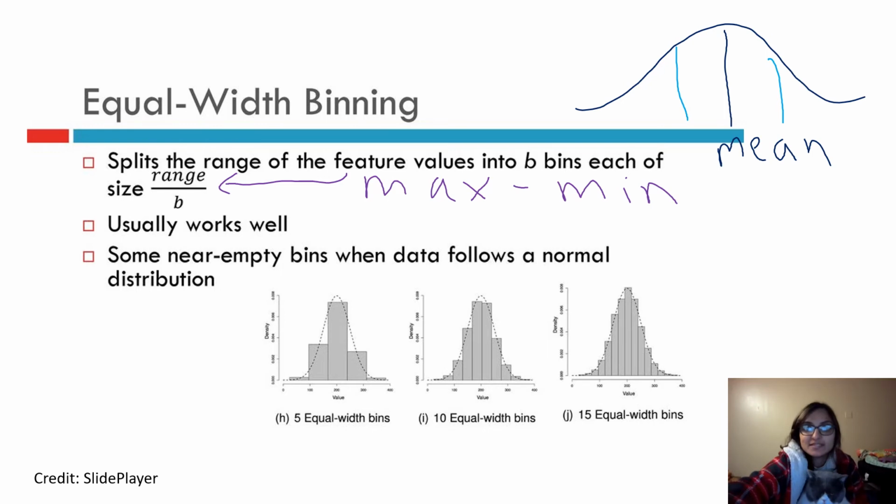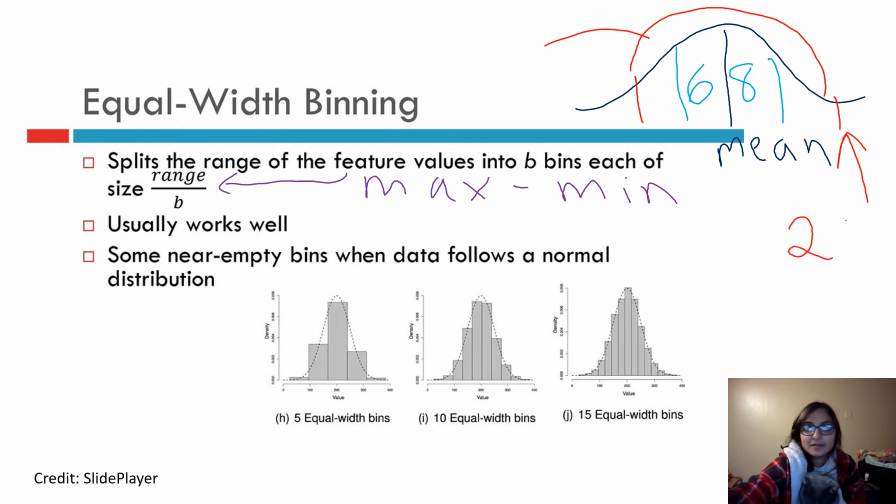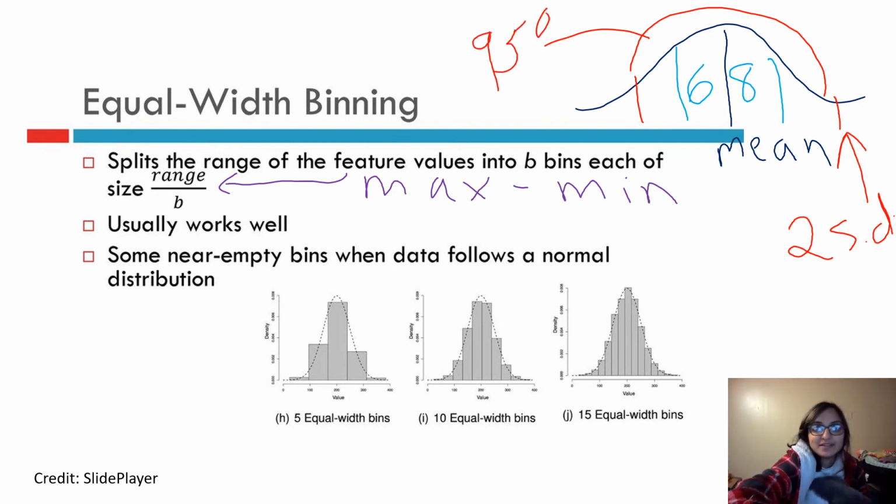If we look at one standard deviation away, we have 68% of our data there. And two standard deviations away, and don't worry if you don't understand these concepts, I will have other videos on this, 95% of the data is within two standard deviations of the mean. So the key idea is that most of the data is concentrated around here in the middle.